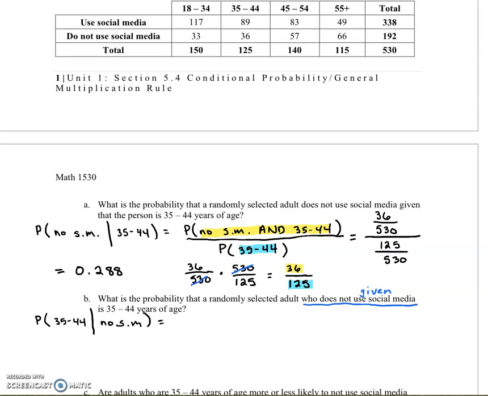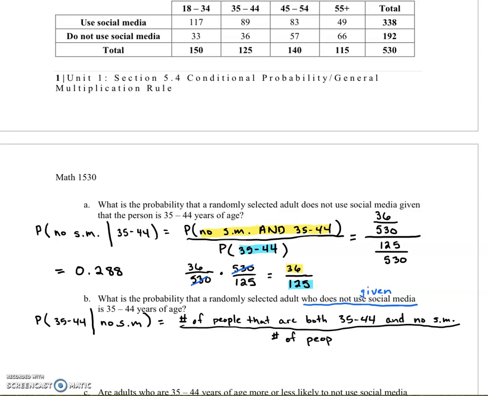So, using our shortcut method, we are going to take the number of people that are both 35 to 44 and don't use social media, and we're going to divide that by the number of people who don't use social media.